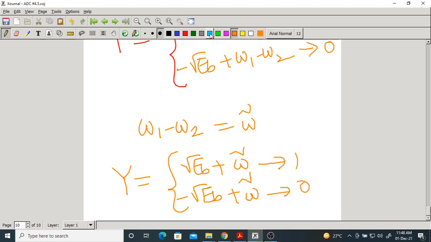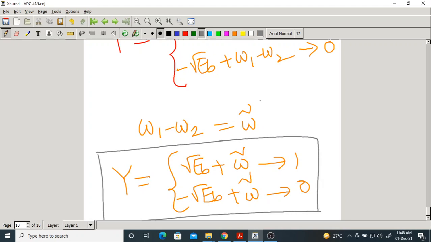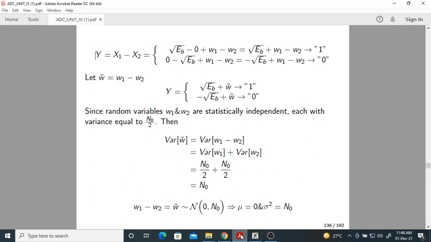Now we got a new random variable similar to the one we got in the case of BPSK. The only difference is that there we had W1, here we have W tilde. What is W tilde? It is W1 minus W2. So the decoding problem is similar to the BPSK problem. The only thing is we have W tilde instead of W1.